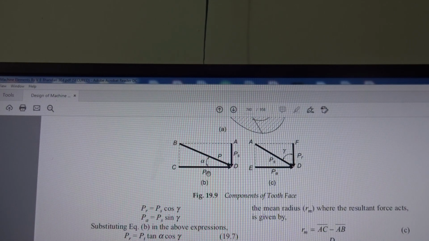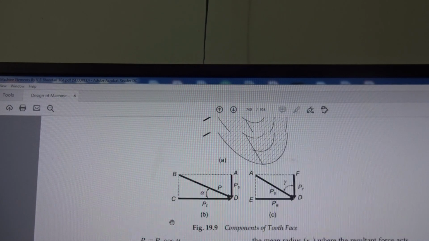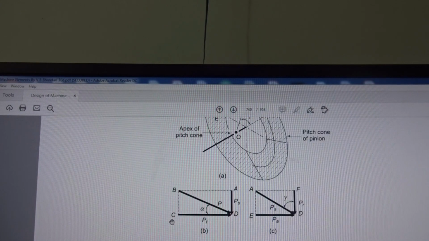From this triangle, PR is equal to PS cos gamma, and PA is equal to PS sin gamma, and PR is equal to the relation already derived.